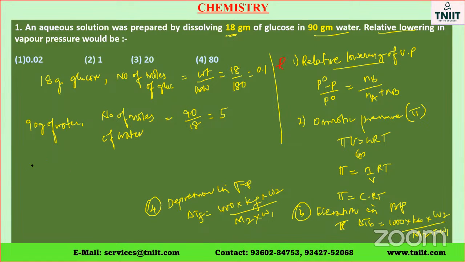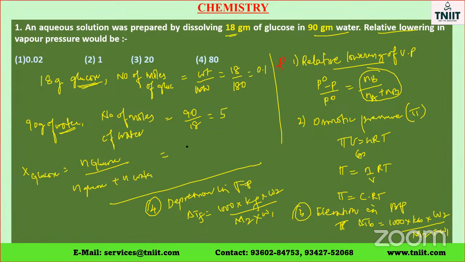The relative lowering of vapor pressure is directly proportional to the mole fraction of the solute. Glucose is the solute and water is the solvent. So the mole fraction of glucose will be equal to the number of moles of glucose divided by the number of moles of glucose plus the number of moles of water.